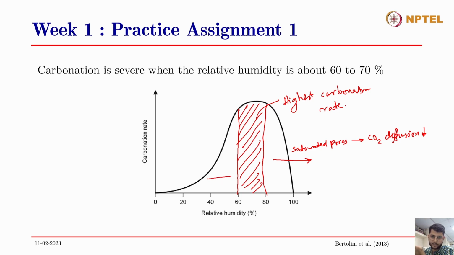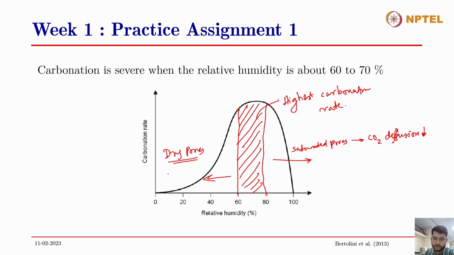And when the relative humidity is less than 60%, the concrete is dry. So even if carbon dioxide can get into it, there is no pore solution or water that is essential for the ionization of the hydration products, because for carbonation, hydration products like portlandite get carbonated.